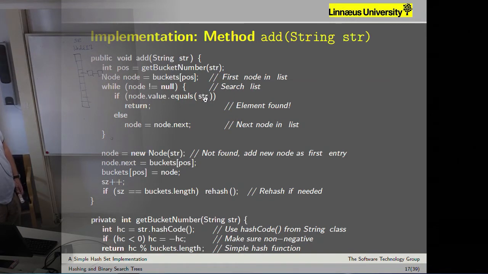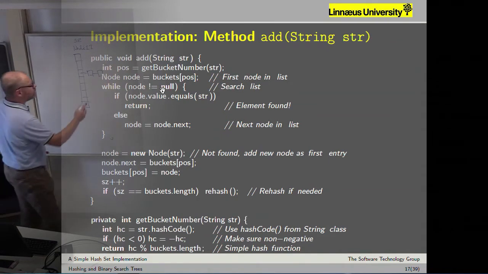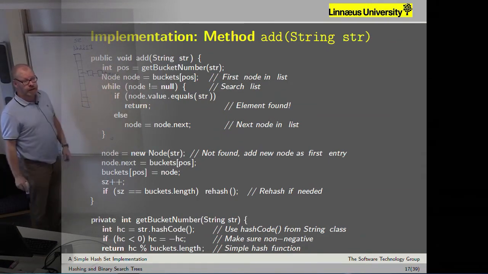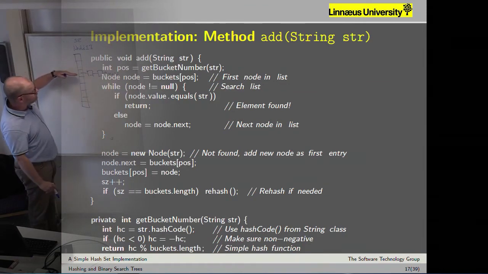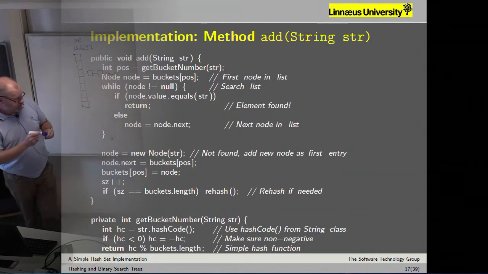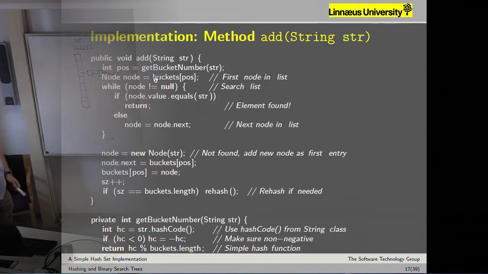If that is the case, we have already found it. It's a duplicate element. Otherwise, we traverse to the next node. And we repeat this until node equals null, that means we have reached the end of the list. That means we cannot find this particular string in this particular linked list. Then I'm creating a new node and I'm attaching it to the bucket like this.